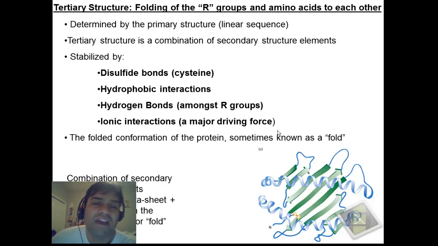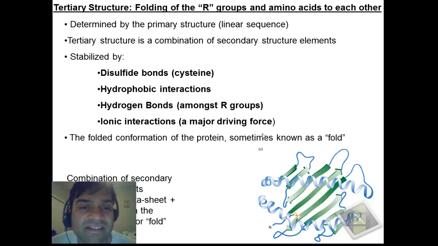Also ionic interactions. That's with acid-base or plus-minus interactions, such as lysine, which is positively charged at physiologic pH, and the side chain of aspartic acid, which is negatively charged, aspartate, so you have a plus-minus electrostatic interaction.